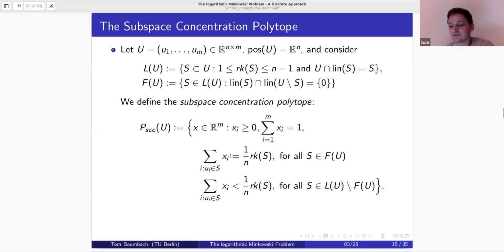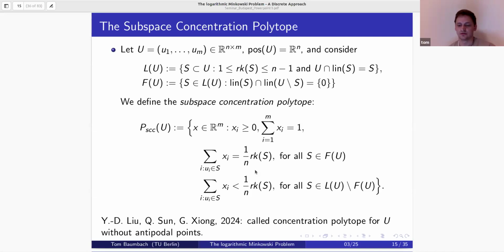And then we have these two cases for the subspace concentration condition. Namely, if we have a decomposition, then the sum over all x_i with the index i such that u_i is contained in S equals 1 over n times the rank of S. And if we have no decomposition, then we want an inequality. And that corresponds exactly to the subspace concentration condition that we had on the previous slide.